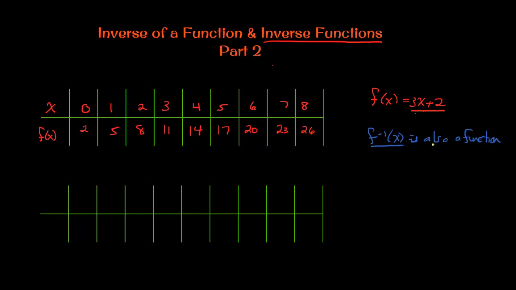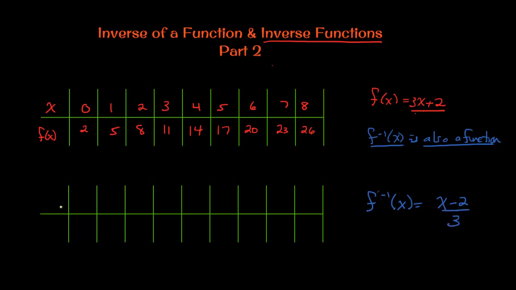Since f of x is linear, we know it is 1 to 1, and then we also know that f inverse of x is also a function. So be very conscientious about that. I'm not going to explain how to determine f inverse of x at this point. I'm just going to tell you that the inverse function of f of x is f inverse of x equal to x minus 2 all over 3.